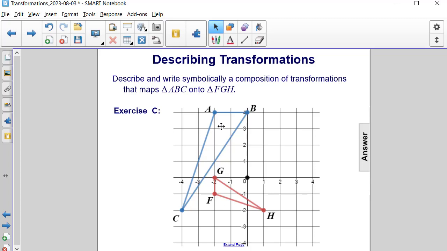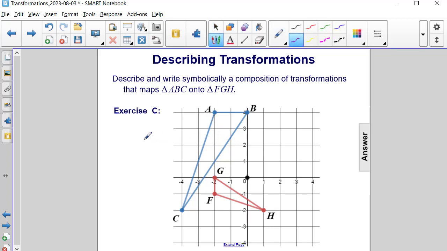It can't be a reflection because that switches the order when the vertices are named from a pre-image to an image. So since the order is staying the same and the direction is the same in a clockwise manner, we're going to have a rotation here.